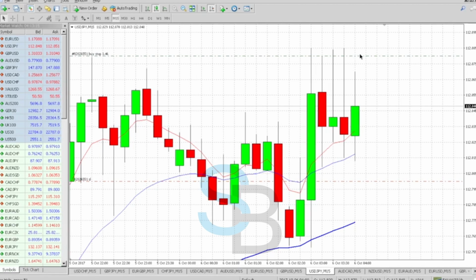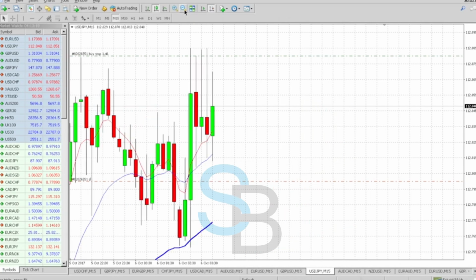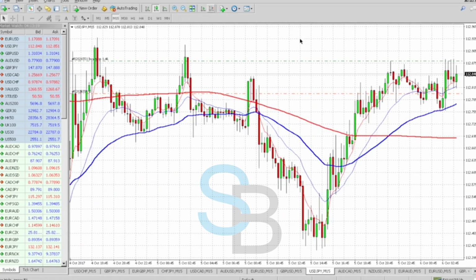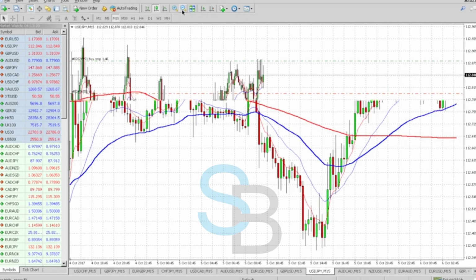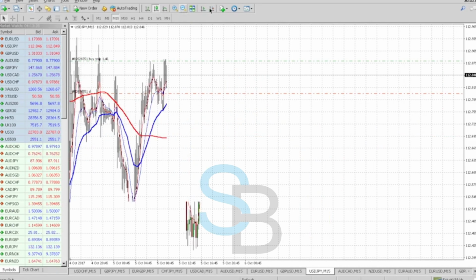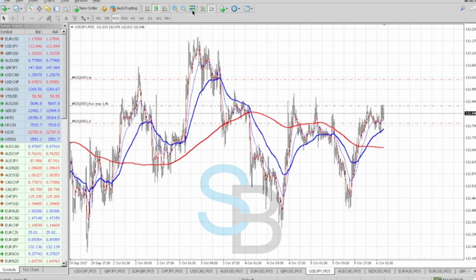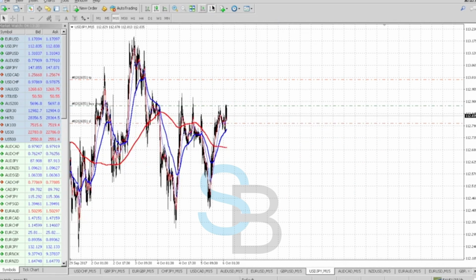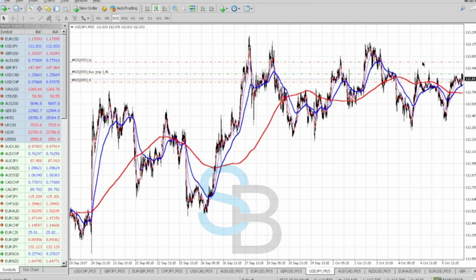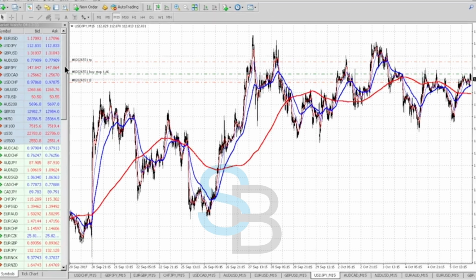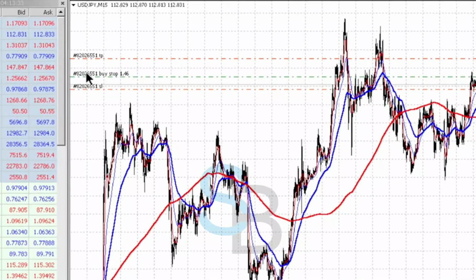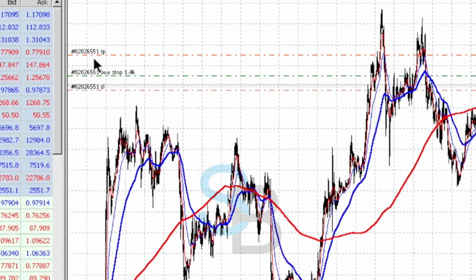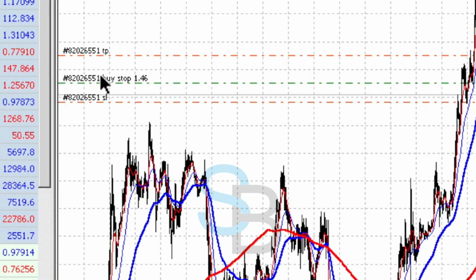So we're going to enter a buy over there, stop loss over there, and profit target will be there we go. So buy order over here, stop loss over here, profit target over here. Let's see if it gets triggered.